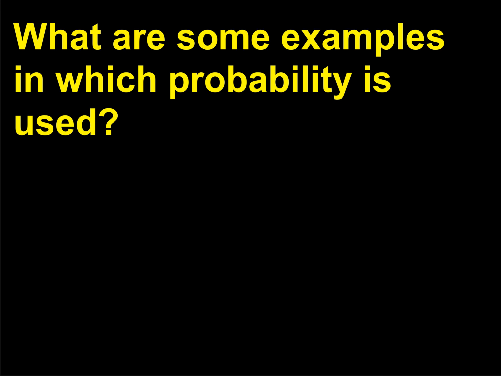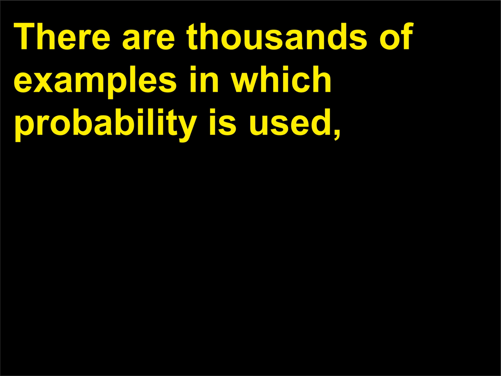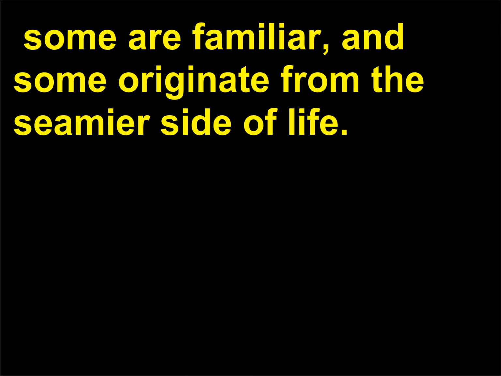What are some examples in which probability is used? There are thousands of examples in which probability is used. Some are familiar, and some originate from the seamier side of life.